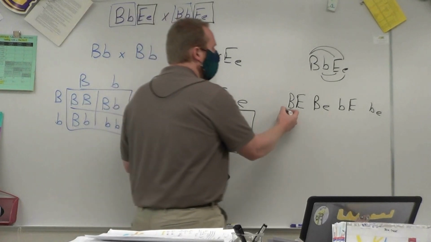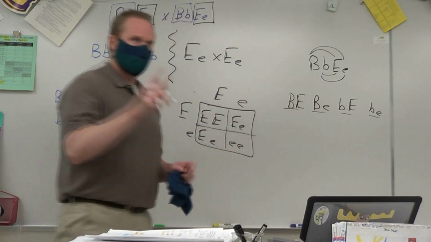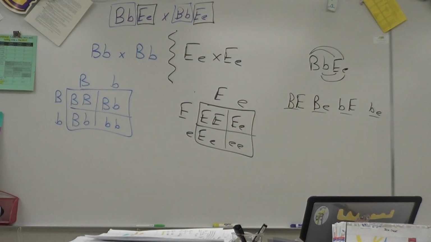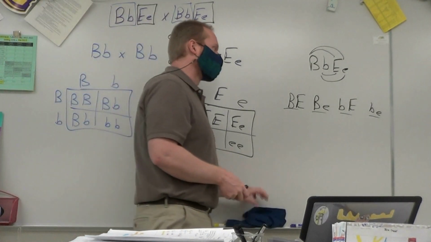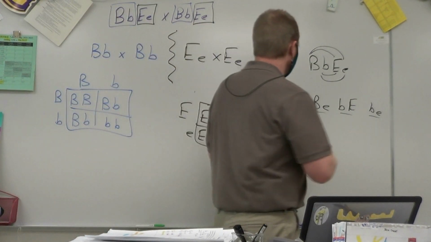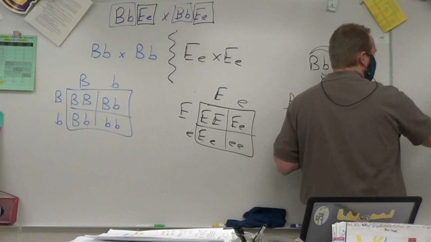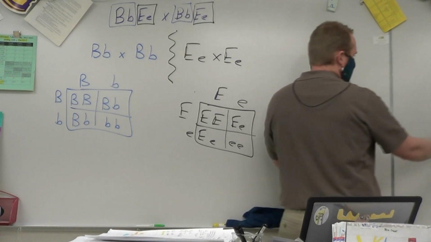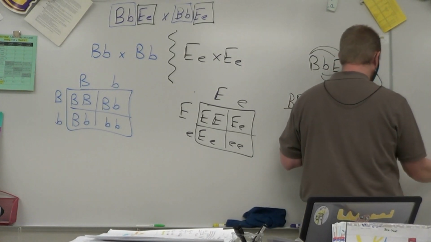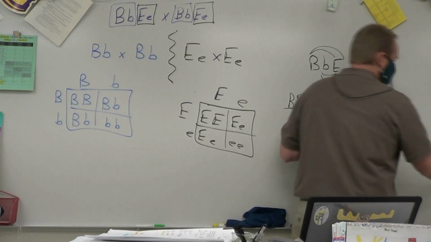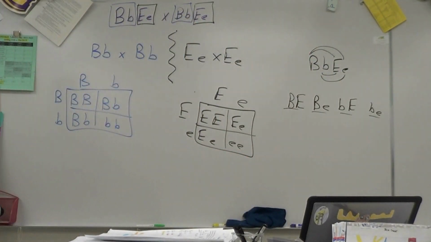So these are the 4 possible combinations that one parent could have. And then the other parent, because they're exactly the same, would have the exact same possible combinations. So then we can do a Punnett square with these 4 possible traits, where this big B, big E would go here, this big B, little e would go here, this little b, big E, and this would go here. And that'd be for mom.